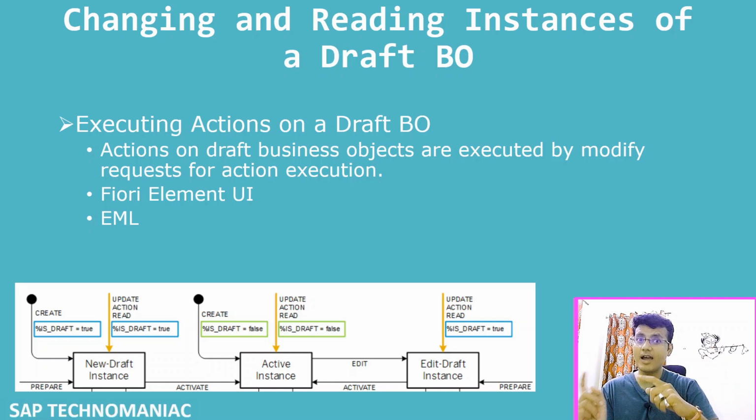If you selected the active instance, then it will be executed on that particular active instance. So you have to make sure. And via EML, it's very simple. If you pass true as the draft indicator, then it will update the draft, and if you pass false, then it will update the active instance when you work with the actions. It's very simple and straightforward.